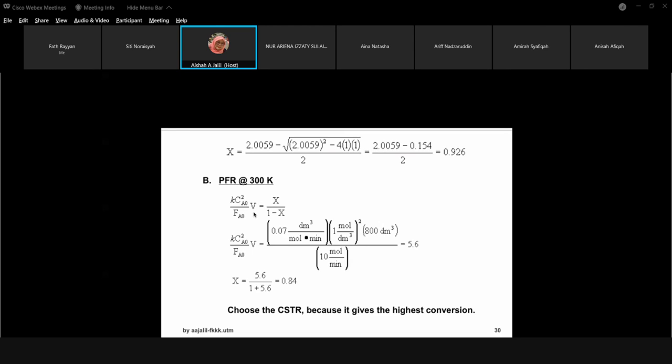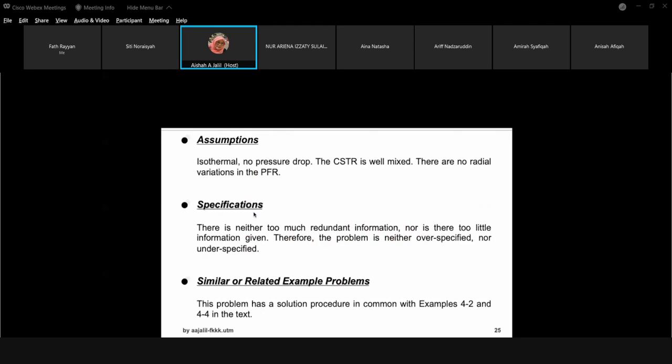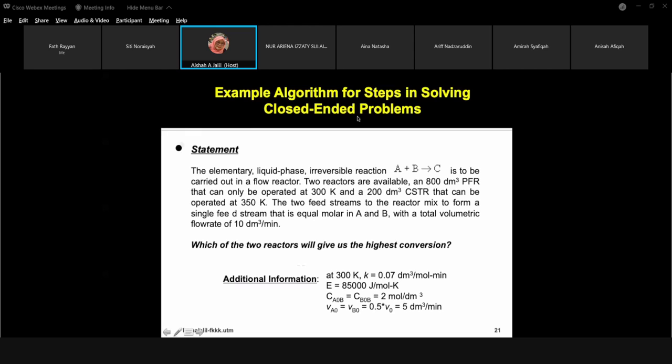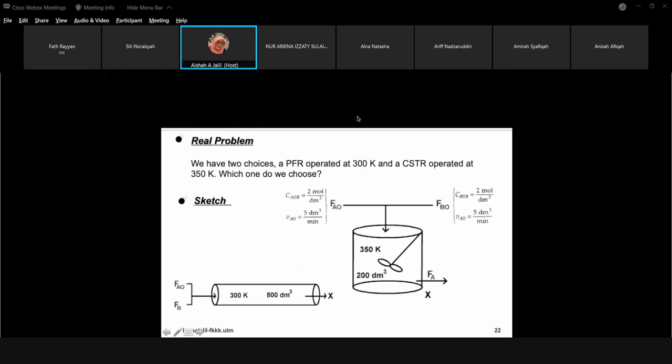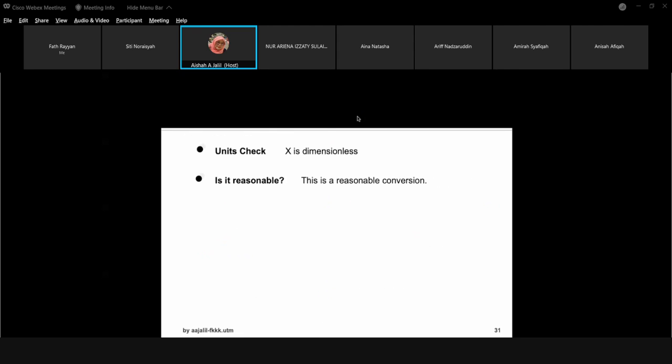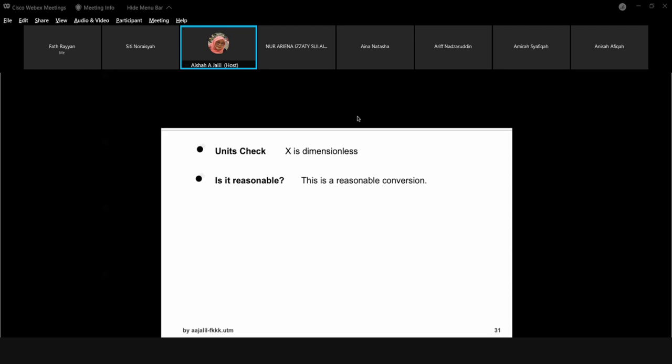That's why they say this is a close-ended problem. You will not go directly, but use the method like that to calculate the conversion. And X is dimensionless, with no unit.